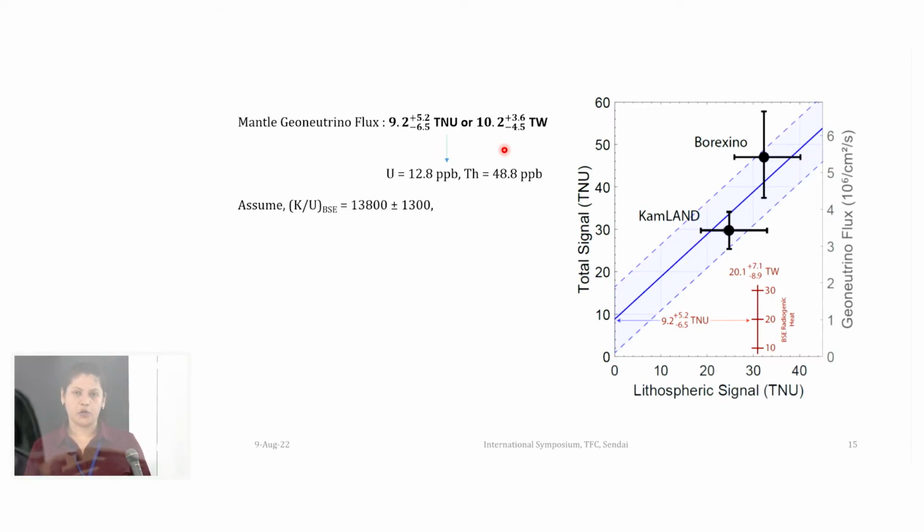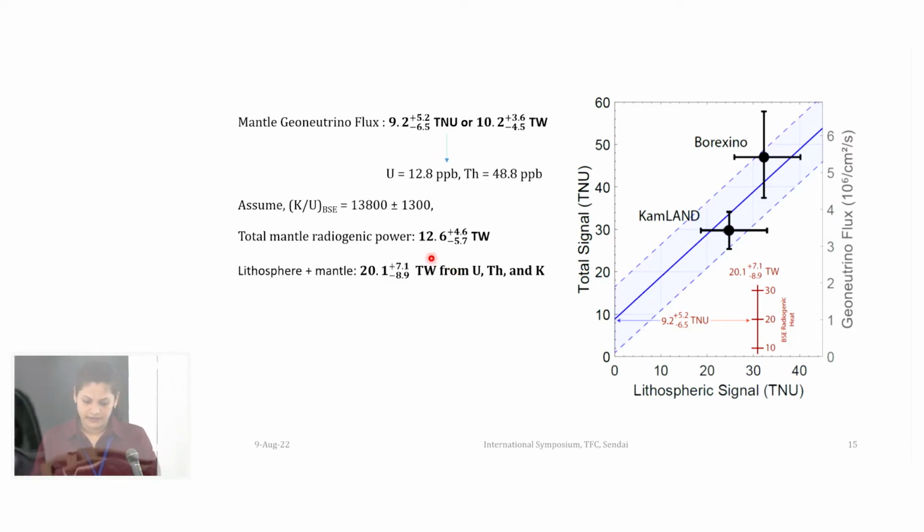So here we will adopt some ratio which is quite constrained in the BSE, which is potassium by uranium ratio, and using that, when we include that contribution of potassium also, then this radiogenic power will be again from 10.2, it is now 12.6.